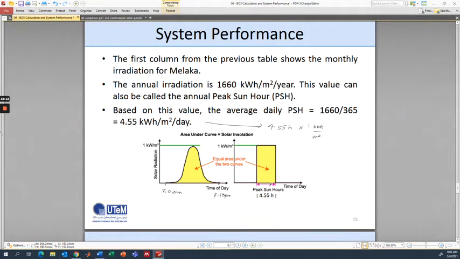So we have 4.55 hours of sunshine that is equivalent to 1 kilowatt per meter square. That is why we have this unit here. Actually, we are talking about 4.55 equivalent hours. This is the value of the PSH. Okay, so this is the importance of units. You need to understand what the units mean, so you know how to replace them in the equation.